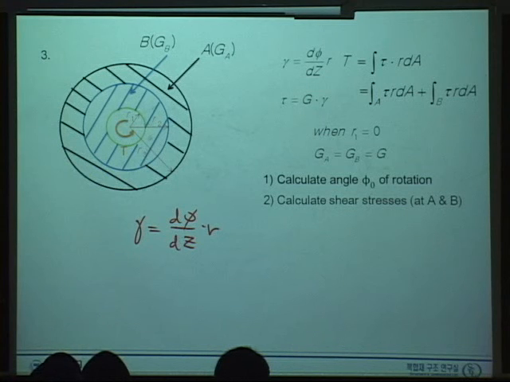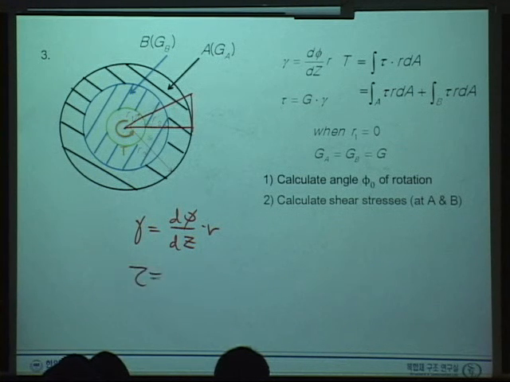And this relation is independent of material properties, which means that this equation is still valid for this shaft, which consists of 2 different materials. That means shear strain is linearly varying like that.